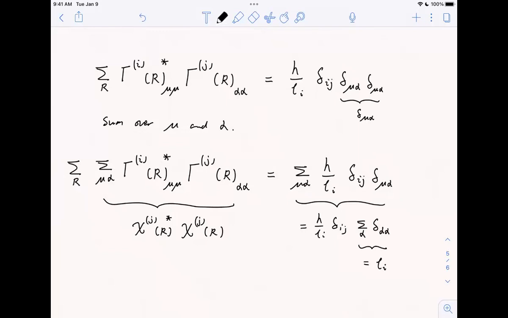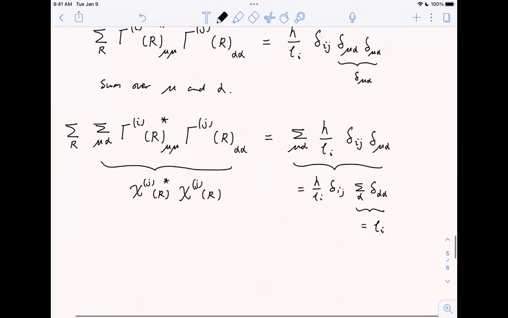Because you are doing this on a representation with dimension Li, after you sum over all of it, you only get Li. So eventually you get this result, the character.